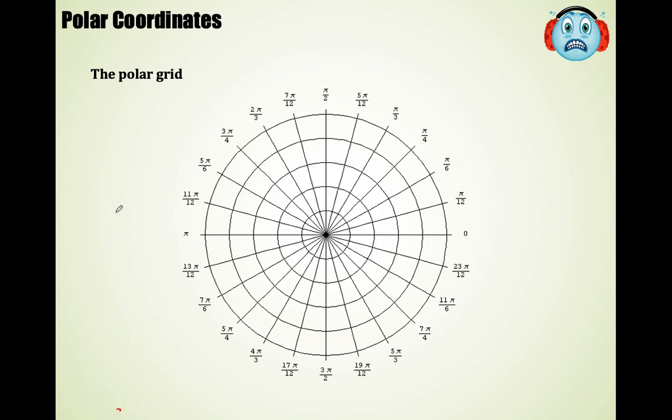All right, so the polar graph does have what we call a pole, and the pole is at the center. Kind of sort of think of it as the origin. There's also the polar axis. The polar axis is horizontal. We call this the positive polar axis, and the negative polar axis is here.